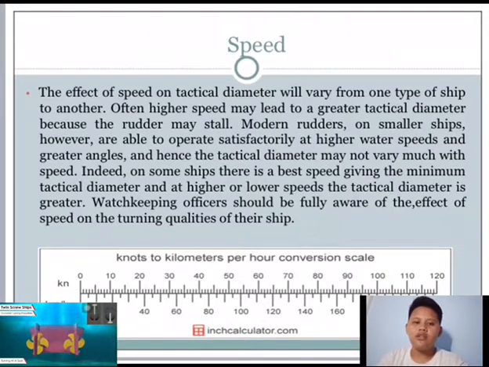Indeed, on some ships there is a best speed giving the minimum tactical diameter; at higher or lower speeds the tactical diameter is greater. Watchkeeping officers should be fully aware of the effect of speed on the turning qualities of their ship.